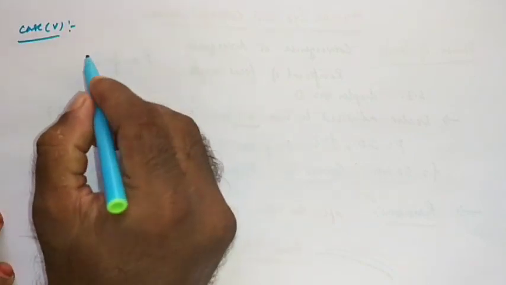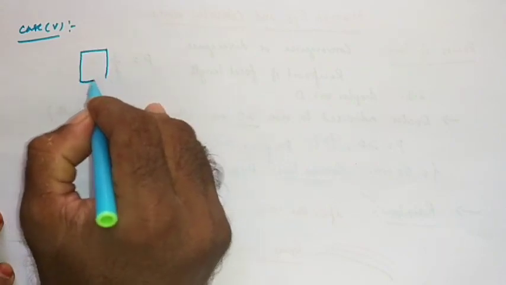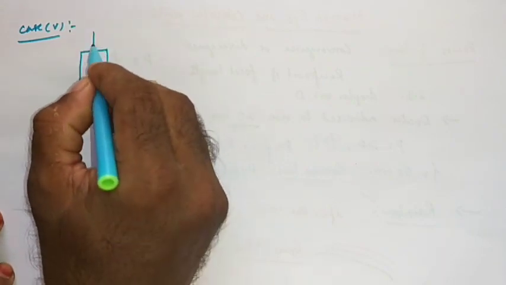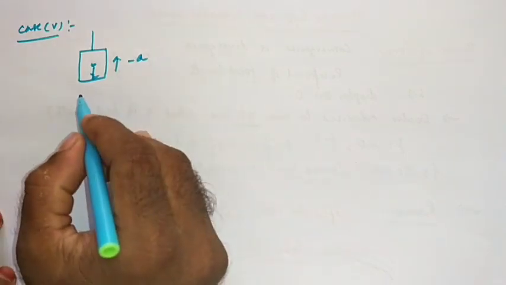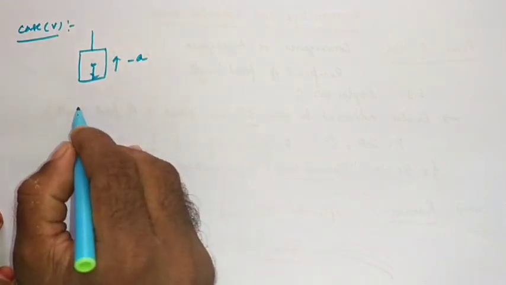Now another case. Case 5. In this case, now the lift is moving up with a negative acceleration, with a retardation of a. Now in this case, its speed is decreasing as it is moving up. And now what is the free body diagram?